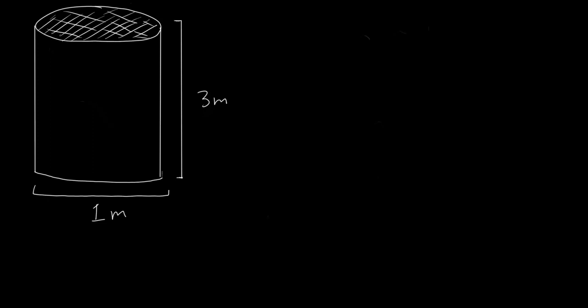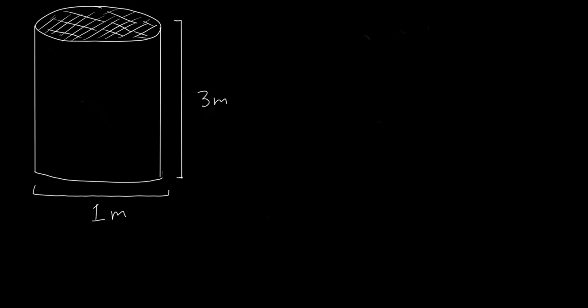So let's try to approach this as if we are going to unravel this cylinder. If we unravel this cylinder, we're going to be left with, again, the 2 end pieces, which are two-dimensional circles, right? And we're going to get that rectangular body of the cylinder. So let's deal with the body first.